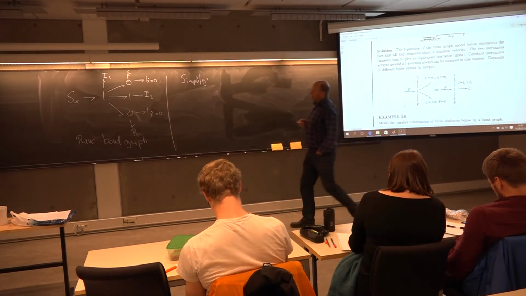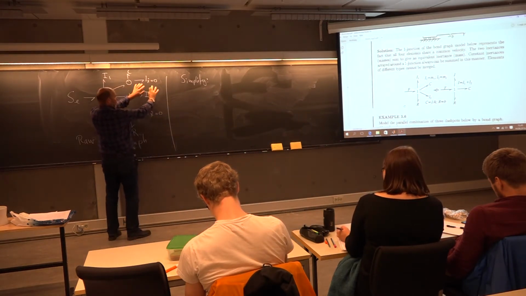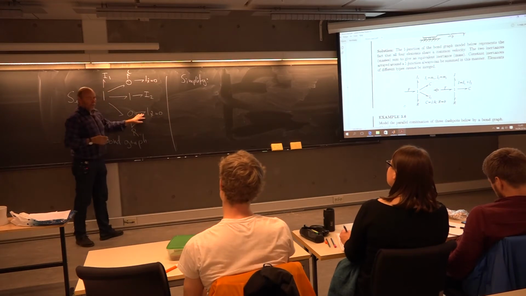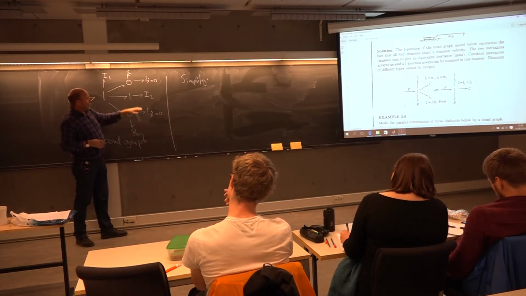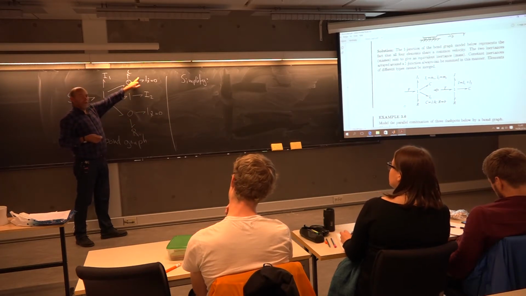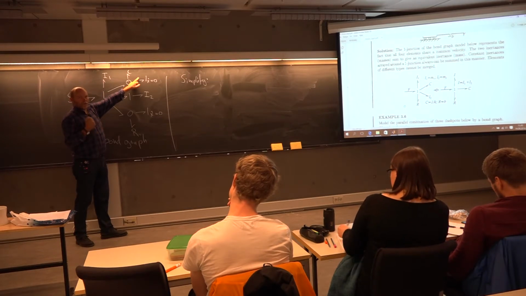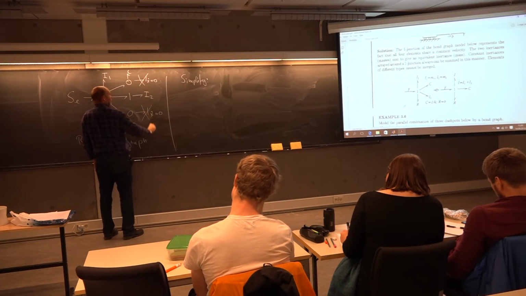One simplification: remove all the bonds that have 0 power. When the flow is 0, then the power has to be 0. Even though you have a big effort, a big force hitting the wall, the wall is not moving, you don't do any work. So this one can be removed and this one can be removed.